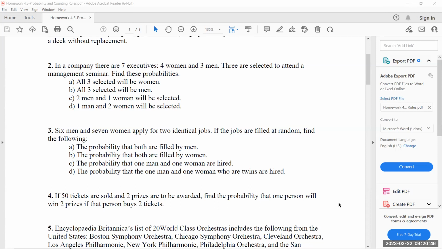So in this case, again, we split the problem. So this is problem 3 and this is 3A.